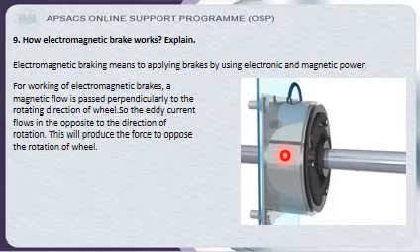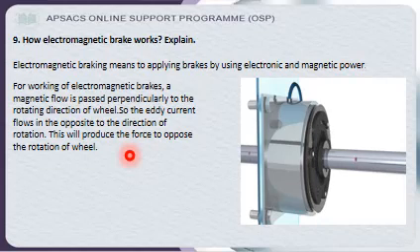So if the magnetic flux is passing perpendicular to the rotation of this wheel, what will happen? Because of that magnetic flux, circular currents, the eddy currents, are produced. The eddy currents will be produced opposite to the direction of rotation.